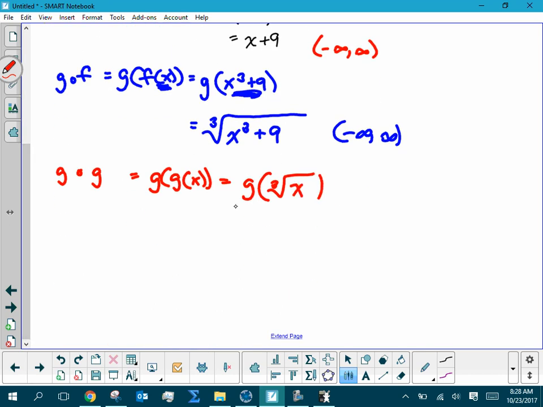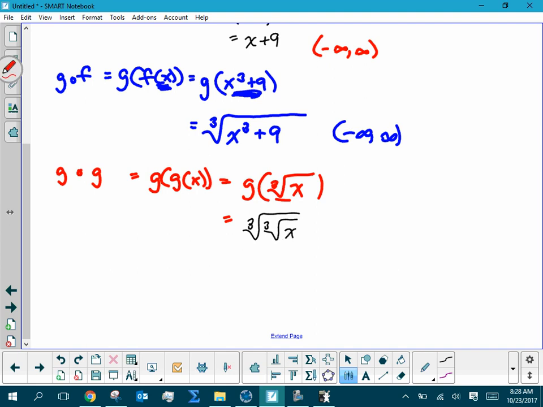All right, so now I'm going to plug that back into g. That means that g, which was the cube root of x, that's where I substitute. So it's now the cube root of the cube root of x.